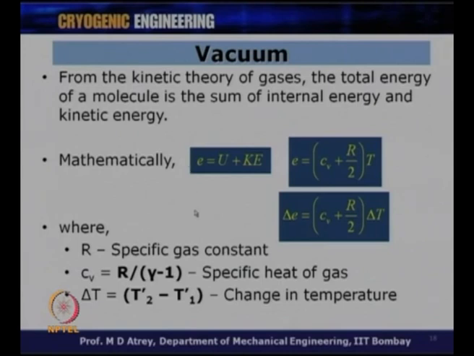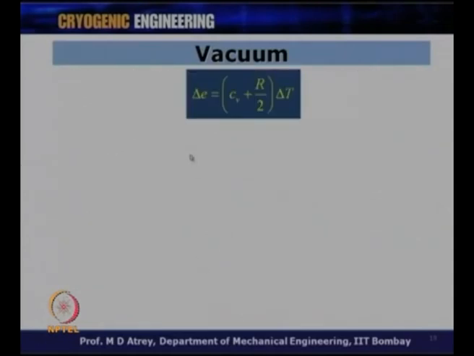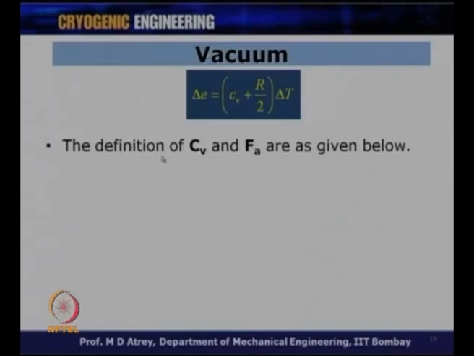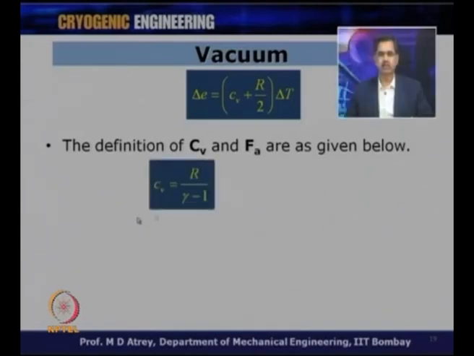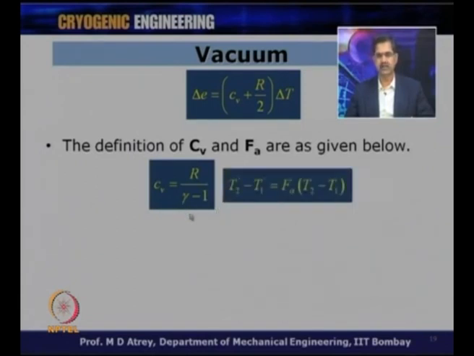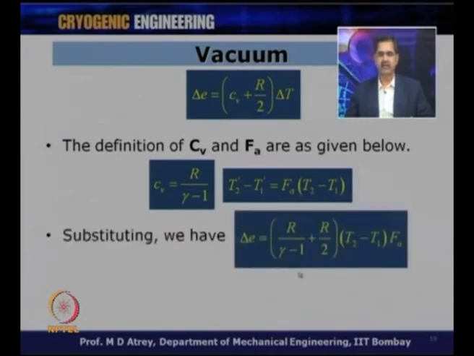We are basically calculating the energy transfer happening because of this free molecular conduction. All right. So, taking this further, delta E is equal to Cv plus R by 2 times delta T. The definitions of Cv and Fa are given as below. Cv is equal to R upon gamma minus 1. Again, this is known from the kinetic theory of gases, while Fa is defined as T2 dash minus T1 dash is equal to Fa into T2 minus T1. Putting these values in, we get the delta E expression.